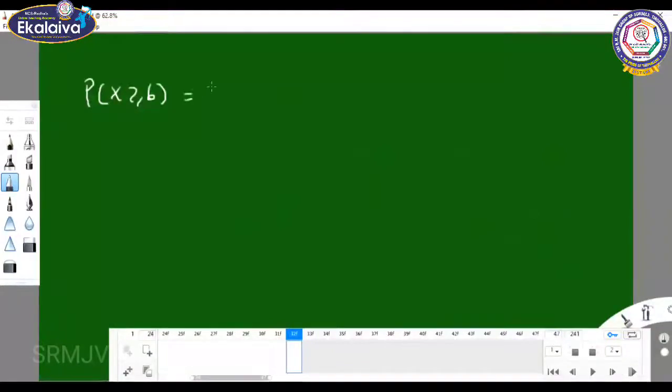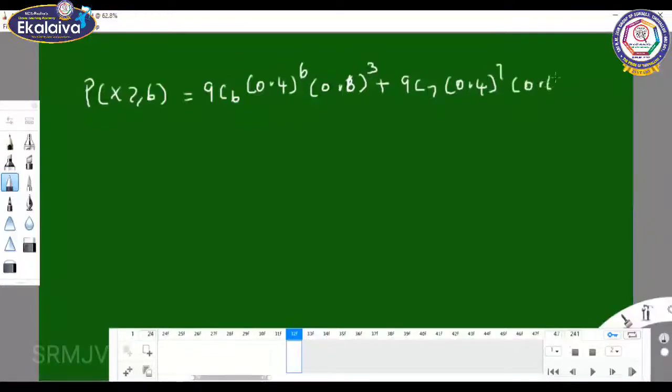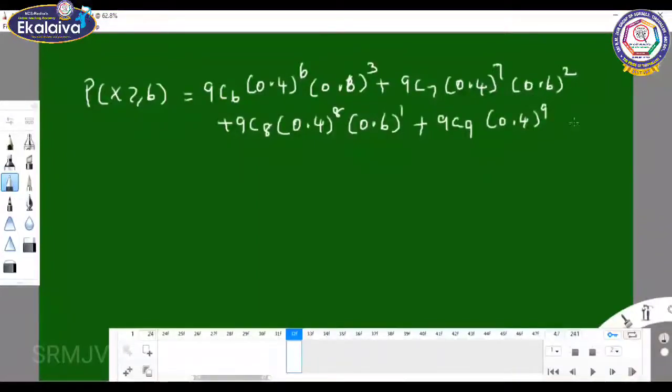So it gives 9C6, 0.4 whole power 6, 0.6 whole power 3, plus 9C7, 0.4 whole power 7, 0.6 whole power 2, plus 9C8, 0.4 whole power 8, 0.6 whole power 1, plus 9C9, 0.4 whole power 9, 0.6 whole power 0. 9 minus 9 is equal to 0.